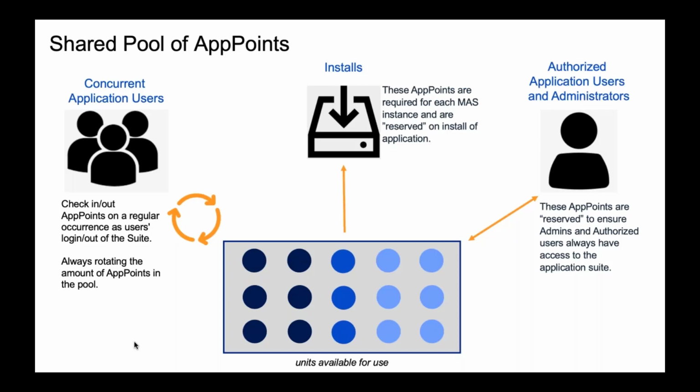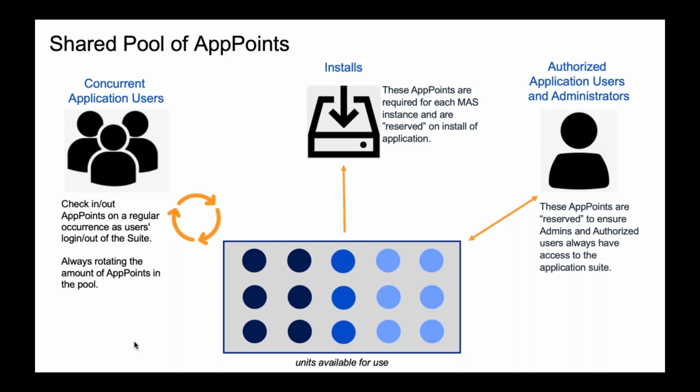These are the users that steadily log in and log out of the solution on a rotating basis, and they can share these app points as they log in and log out. For the sake of argument, say you have 500 app points dedicated to your concurrent application users, and those 500 app points are consistently rotating around this pool.